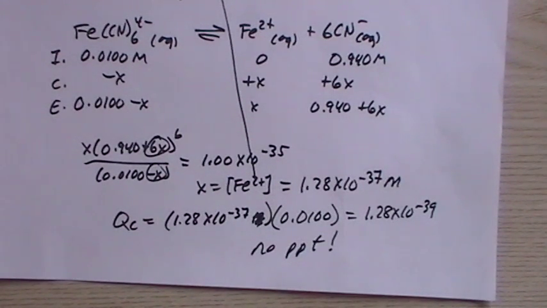And, whoops, just looking at this, I'll double check this. So I get 0.94 to the 6th divided by 0.01.